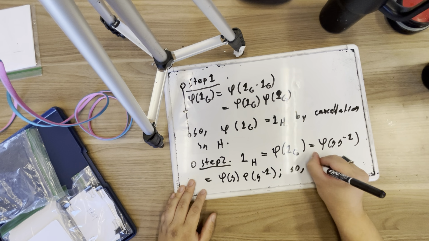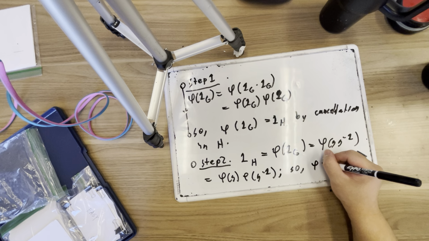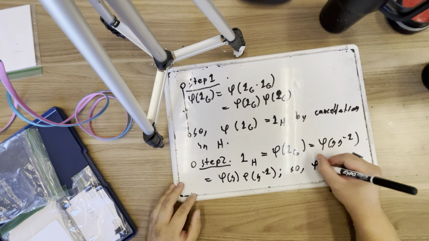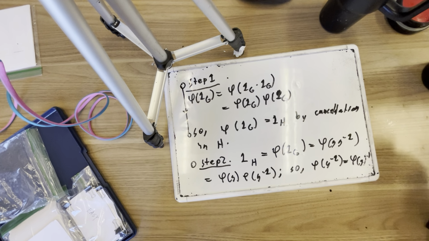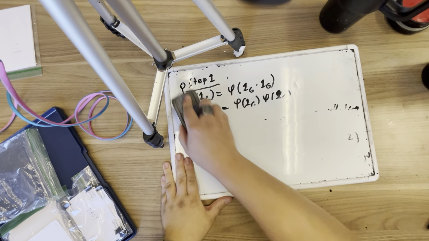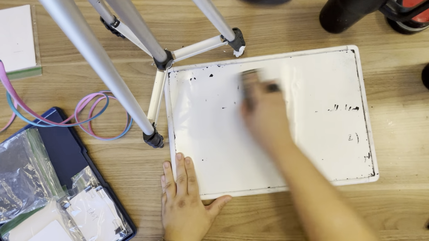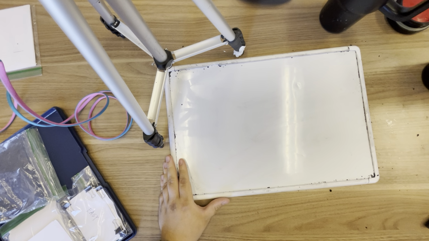So phi of g to the negative 1 is equal to phi of g to the negative 1, the inverse. Right? So phi of the inverse of g is equal to the inverse of phi of g.